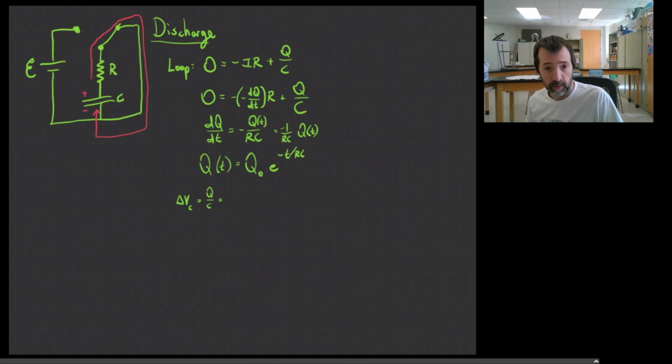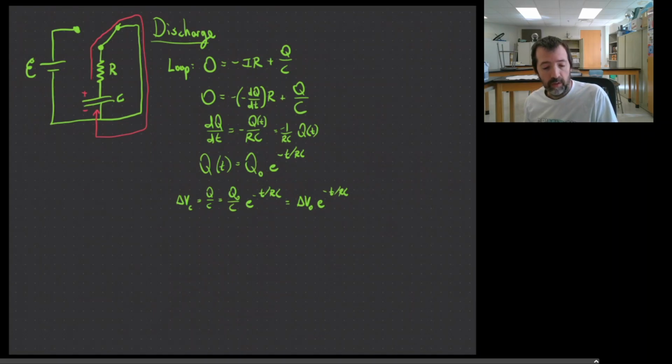So delta V as a function of time is going to be Q naught over C, e to the negative t over RC. And of course, Q naught over C, I could also write as delta V naught if I felt like it. So it's basically the same function. All I had to do, if I want to change the Q to V, is change the other Q to a V also. I get the same thing.